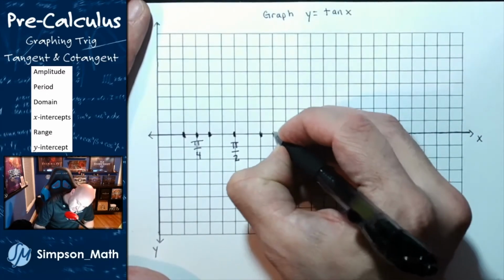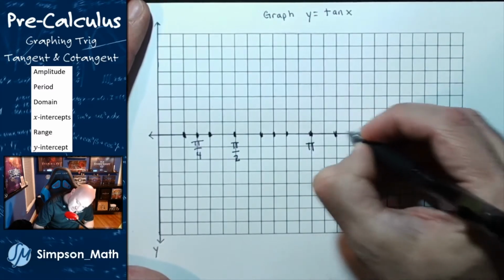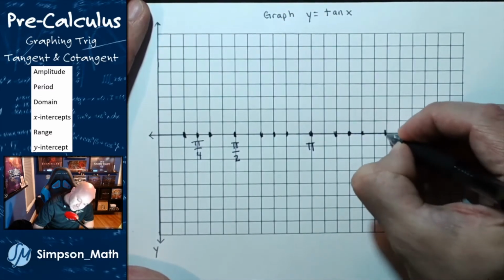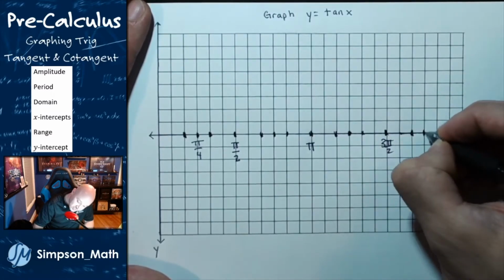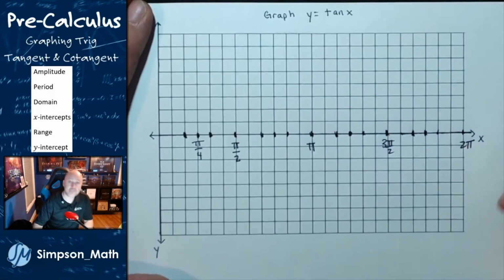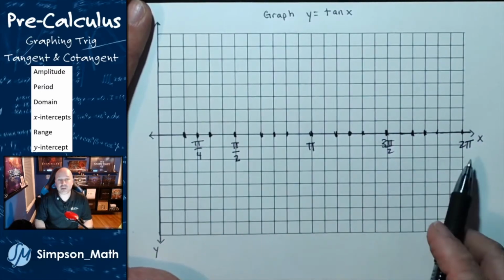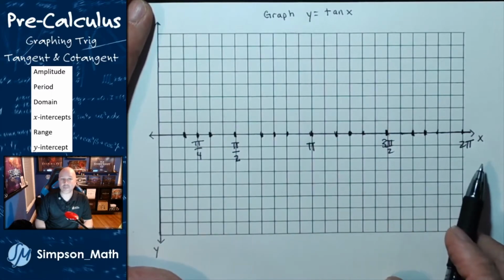Skip, dash, dash, dash, skip, dash. There's 1 pi. Skip, dash, dash, dash, skip, dash. 3 pi halves. Skip, dash, dash, dash, skip, dash. 2 pi. I have now mapped the x-axis out one full revolution around the unit circle.